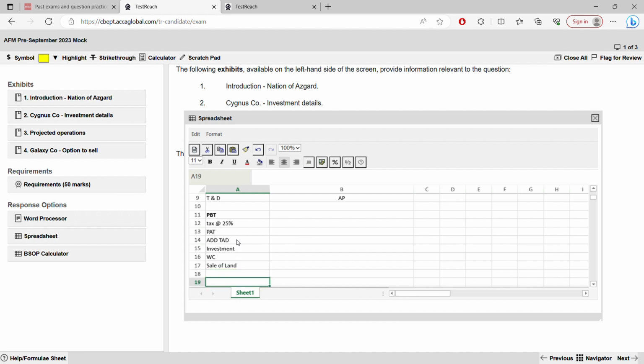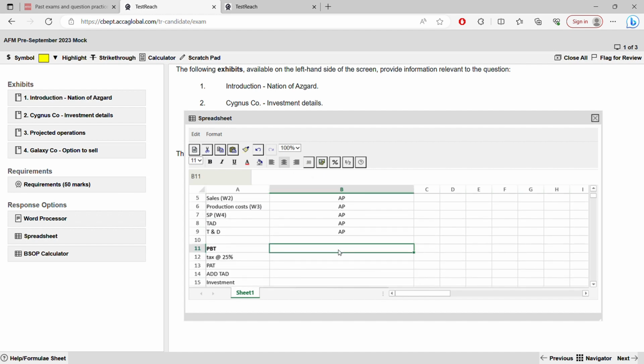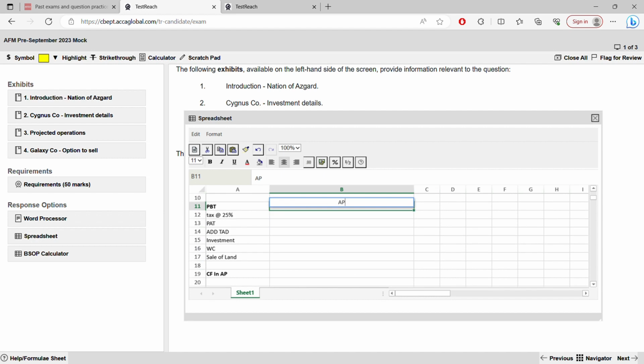Then you are going to get your cash flow in AP. This is your cash flow in AP. This also I'm going to keep bold. Once you get your cash flow, everything, all this will be in AP. So I'm just simply going to drag this.